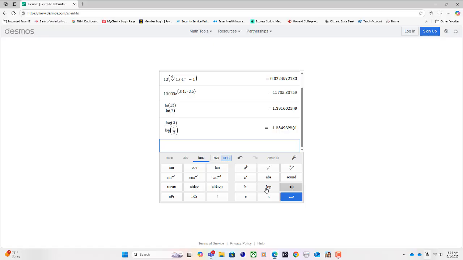And that's going to give us negative 1.58, and it's an approximation.